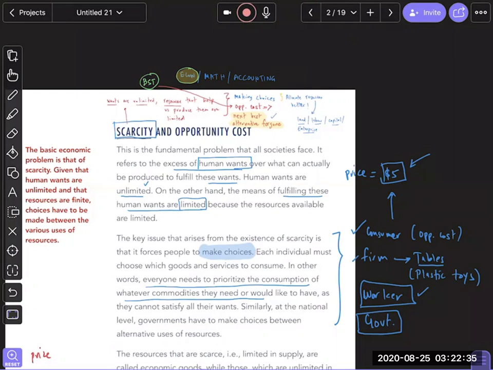There's no price attached to them because they are unlimited in supply, so there's no choice that you need to make. So economic goods have opportunity cost, and therefore there is a price. And free goods are those which have zero opportunity cost and therefore zero price. That's also another concept we discussed last time.